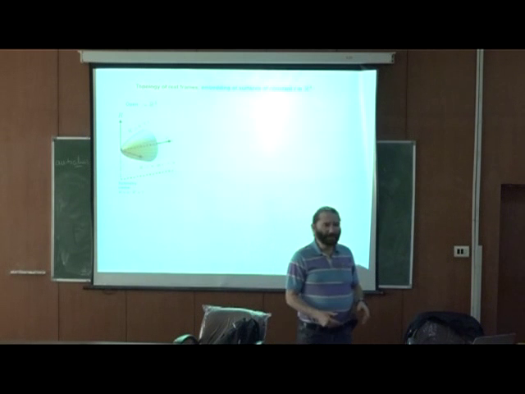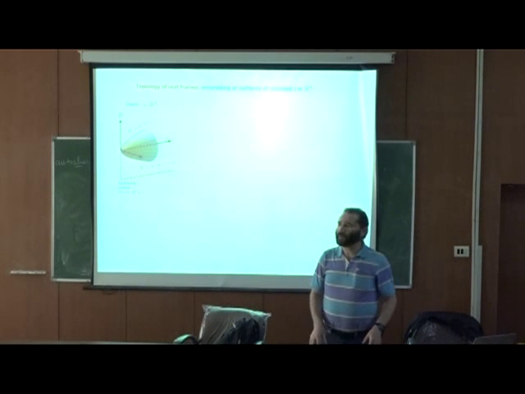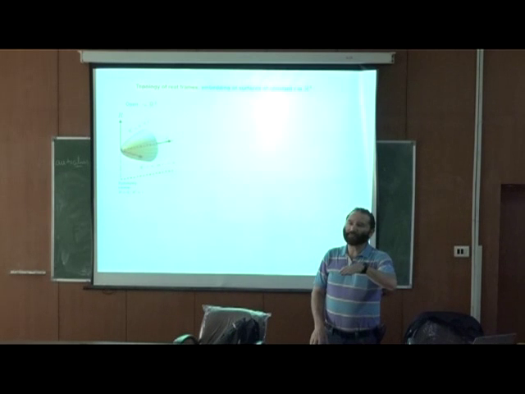What happens if you set one of the angular coordinates, for example theta, to pi by 2? Then you have 3 coordinates: time, radius, and phi. Since time is constant, because we're looking at constant-time surfaces, then it's only r and phi.